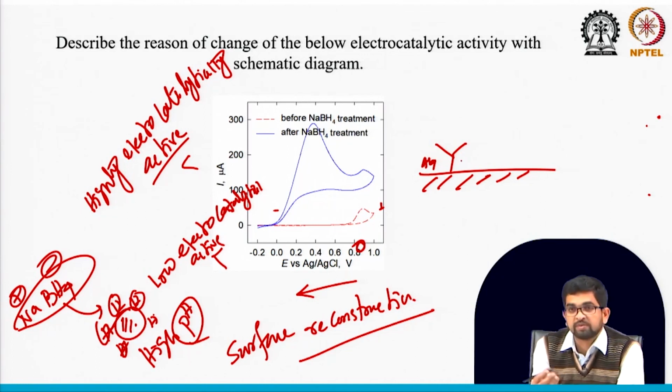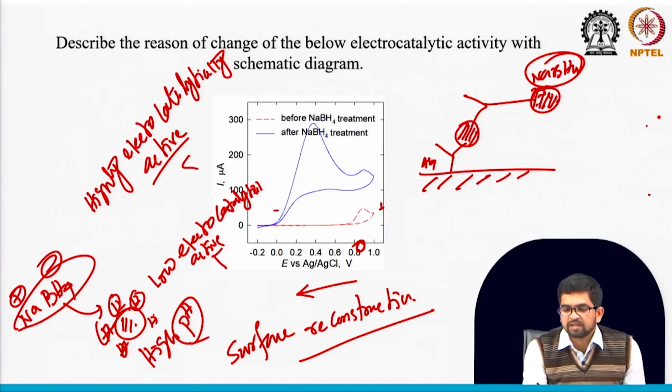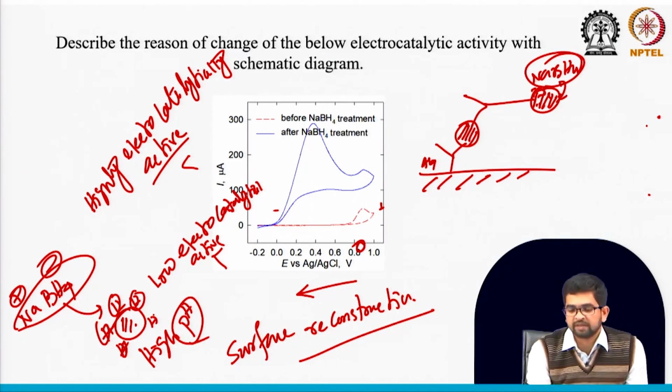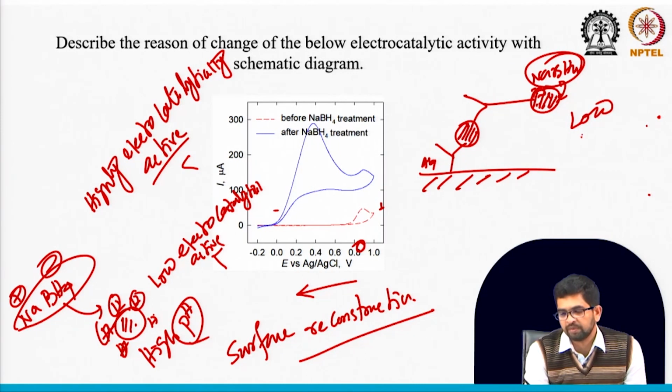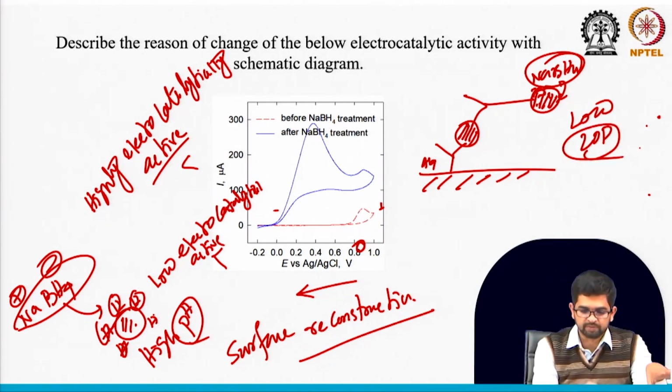Suppose, for example, you want to detect a cancer biomarker. This is your cancer biomarker, and the secondary antibody you can conjugate with a nanoparticle like gold or palladium, whichever you like. Then you can add the sodium borohydride, right? And this activation can help you get very low limits of detection. That's the simple process you have to explain.